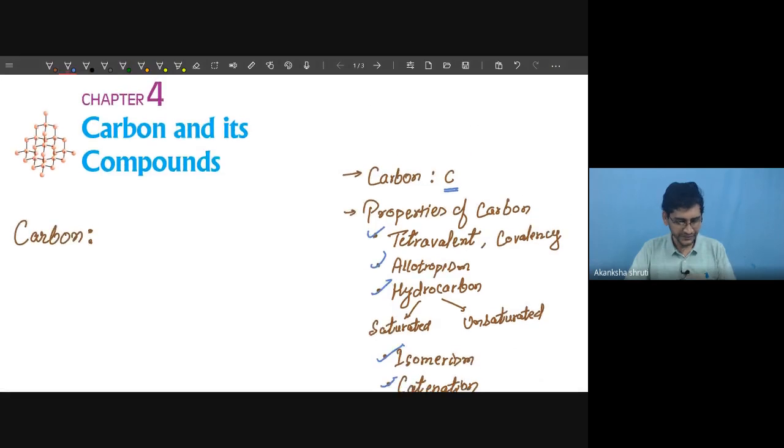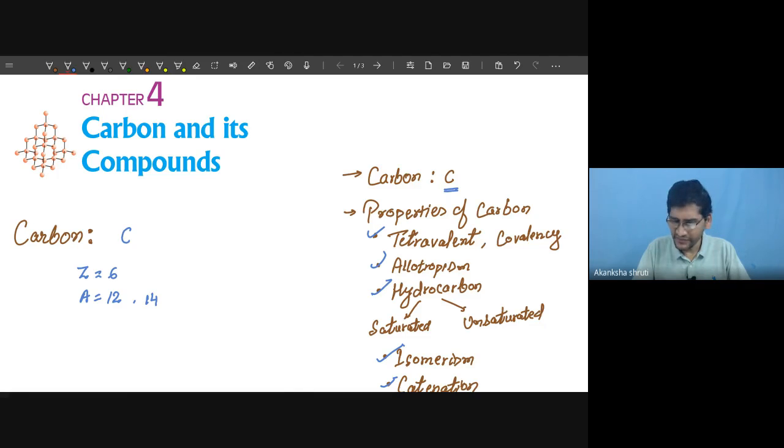Students, let us start with the carbon. What is this carbon? So carbon is one of the elements which is denoted by C, and its atomic number is 6 and mass number is 12, though there is another kind of carbon with mass number 14 also found.